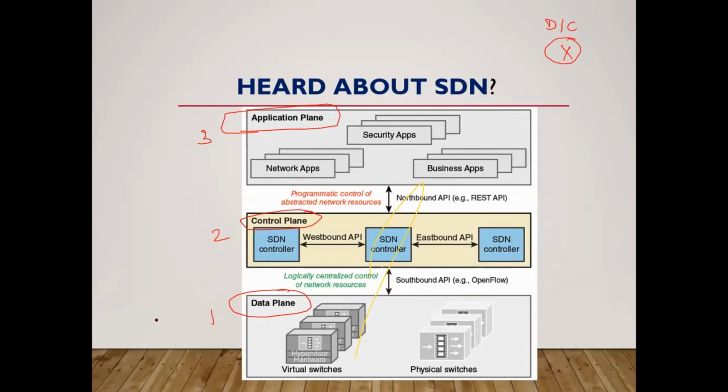You can take that as a metaphor, the WLC and the lightweight APs, if you are aware of that architecture. So data plane and control plane get segregated, and the application team, or application guys, have the opportunity to make changes to the device using the control plane only.